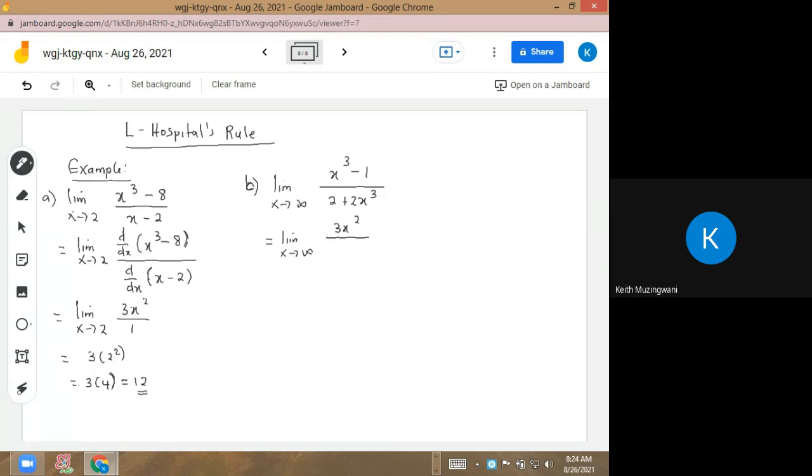I will differentiate the denominator. It will give us 6x squared. If you substitute, you still get infinity over infinity. So you differentiate again. The numerator you get 6x. The denominator you get 12x. If you substitute, you still get infinity over infinity. So you differentiate again. You get 6 over 12. The limit of a constant is a constant, 6 over 12, which is 1 over 2.